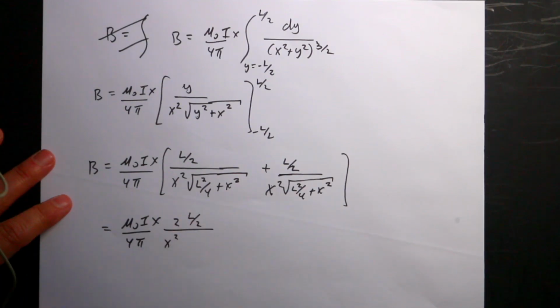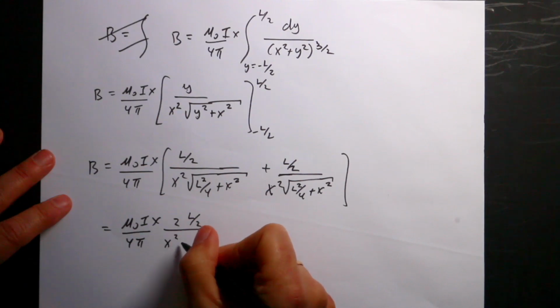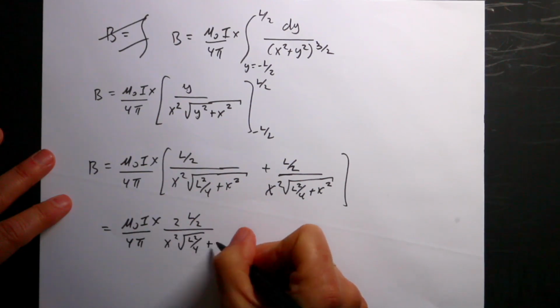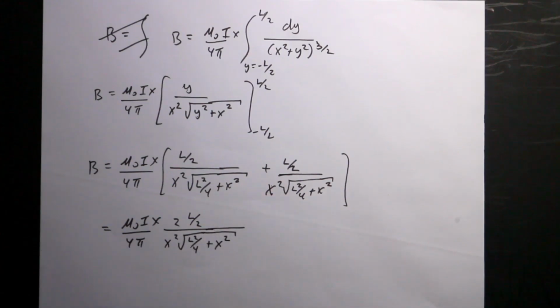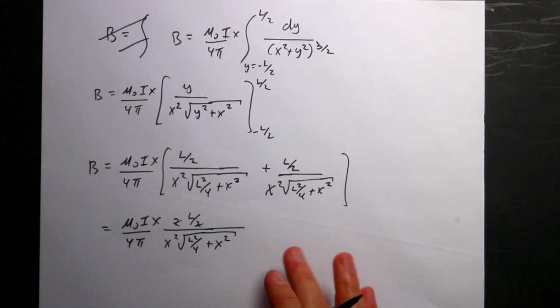Should I factor out that? Nah, let's not. X squared times the square root of L squared over 4 plus x squared. Those twos cancel. I think there's something wrong here. Okay, well, let's just proceed. Even if it's an error, we can learn things from errors.